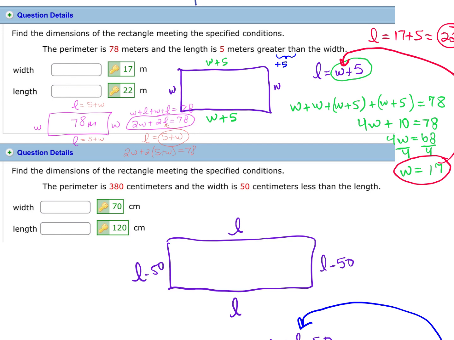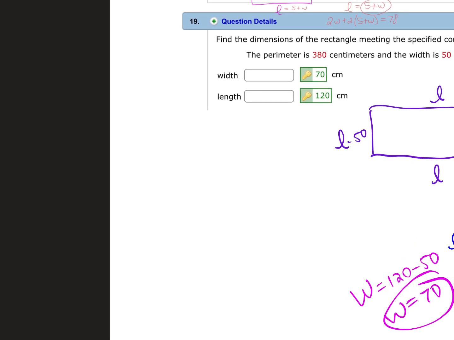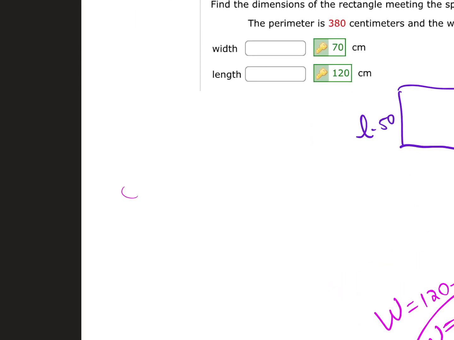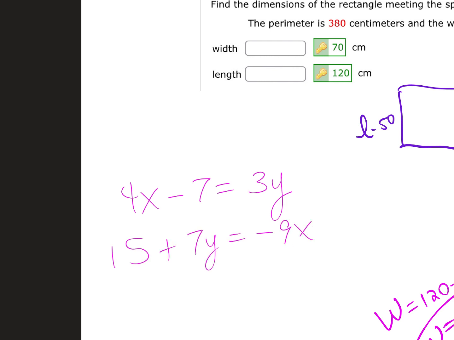That's totally fine. Another thing I want to bring to your attention, say you have a problem like this. Can you just go ahead and use substitution or elimination the way that this problem is written?